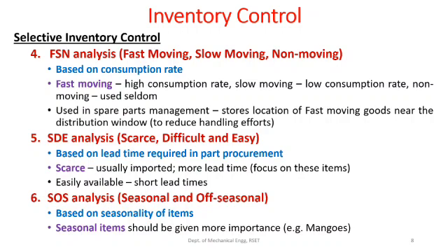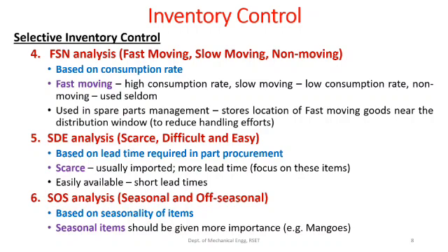So fast moving items are the items where we have a high consumption rate. Slow moving ones are the items where we have a low consumption rate, and non-moving items, that's the third category, N, are items which are generally seldom used. Okay, now the FSN analysis is generally used for spare parts management, or spare parts inventory management.